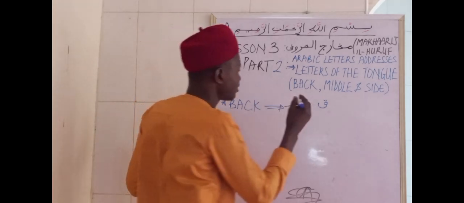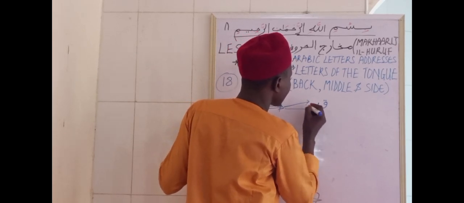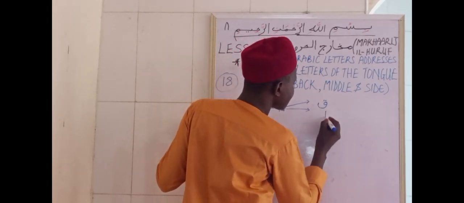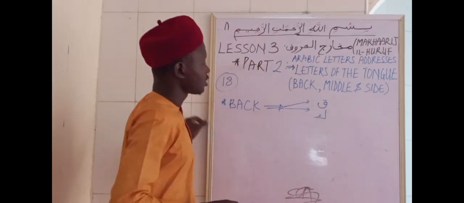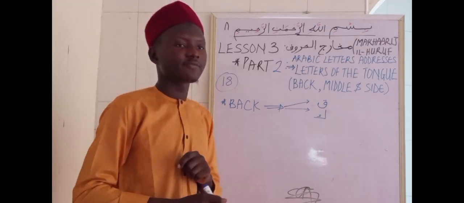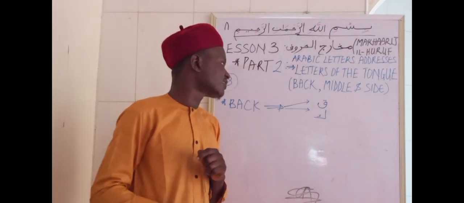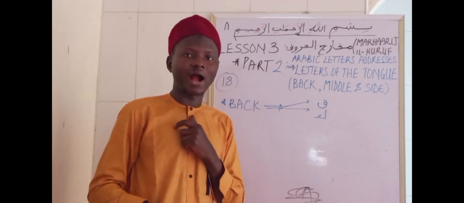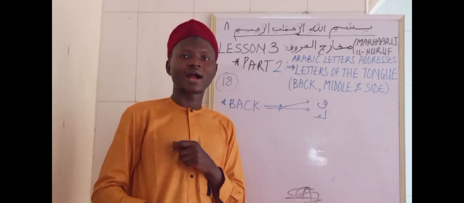Another one, the next letter that is equally from the back of the tongue is kaaf. Say it. If you want to get its articulation, just say ak, ak, ak.